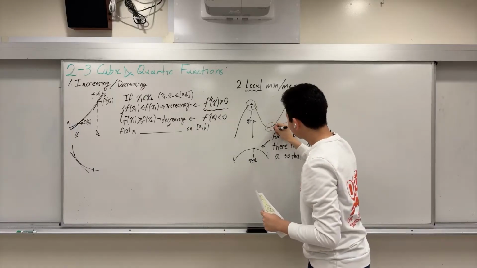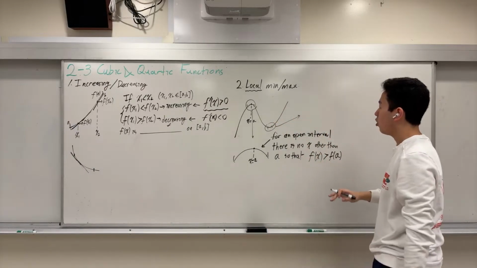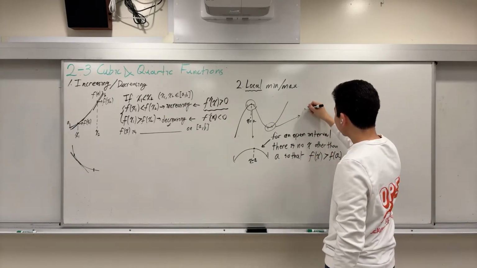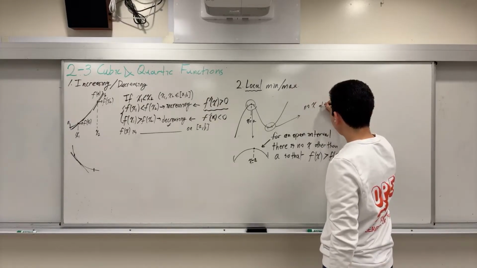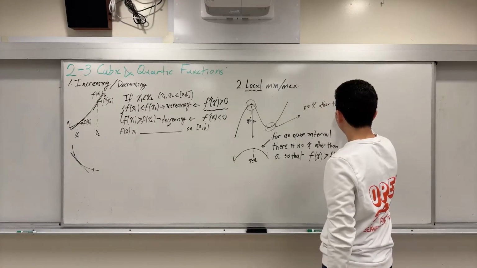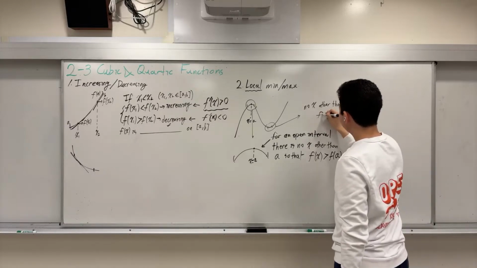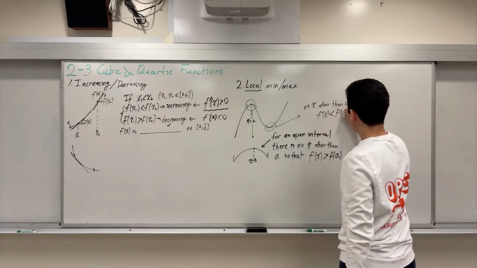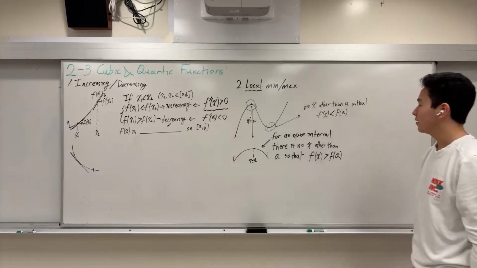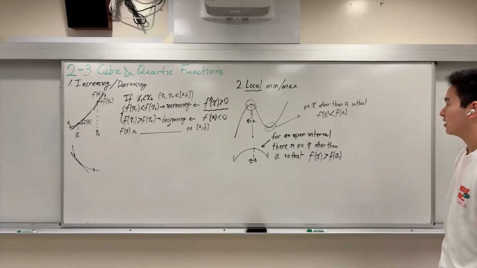So if we zoom in and choose an arbitrarily small open interval, there is no x other than a, so that f of x is smaller than f of a. That means that a should be the smallest value.